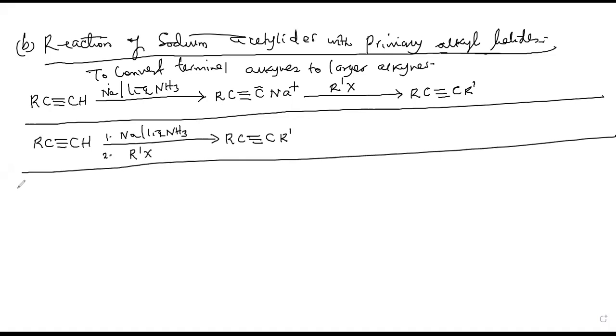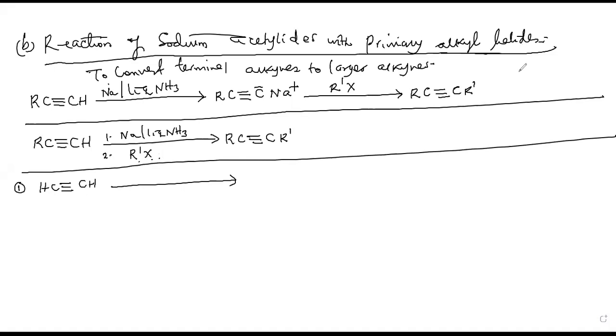Example number 1, where you have ethyne, HC triple bond CH. We want to convert it to a very big alkyne, but the size will depend on the alkyl halide you have used. If you use an alkyl halide of 1 carbon, you will form an alkyne of 1 more carbon.